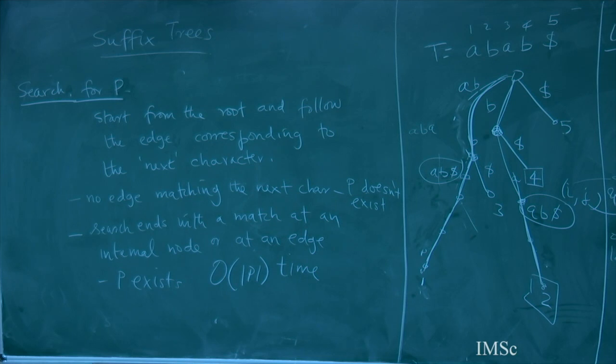Why? Because there are k leaves. How many nodes are there in the subtree? By the same argument as before, it has order k nodes, because there is no node with one child. So, you are traversing order k nodes, which is reasonable, because that is the output size. If k is the number of occurrences and you have to tell me where it is appearing, the output size itself is k, and you are spending order k time.